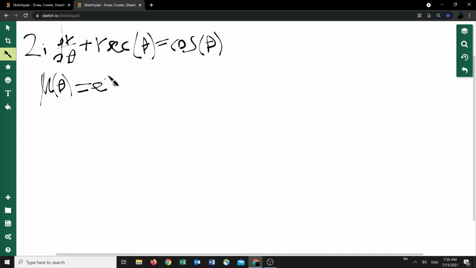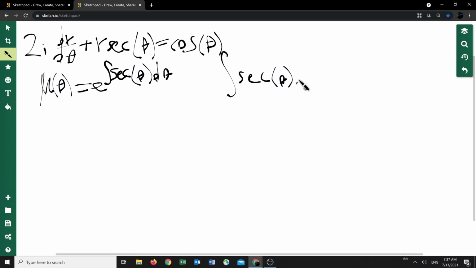So mu of theta is e to the integral of secant theta. This is what I mean about computing integrals of trigonometric functions. Secant theta is one of the trickier integrals to memorize, but you don't even have to memorize it. If you know the general method for computing it, I'll just share that here, but it's really beautiful.